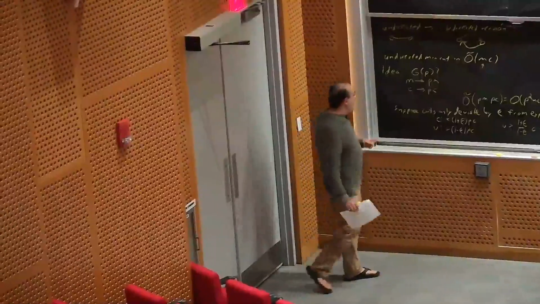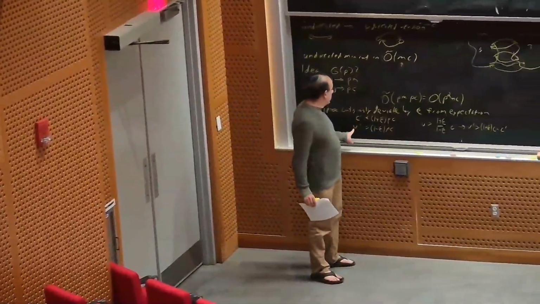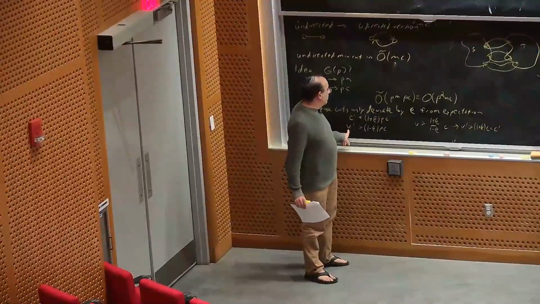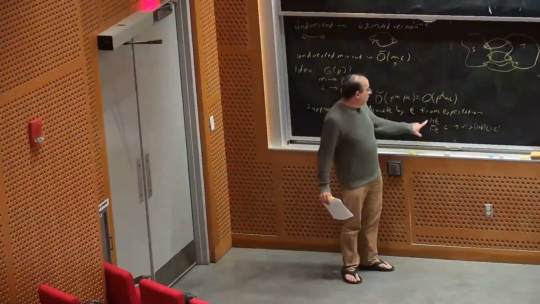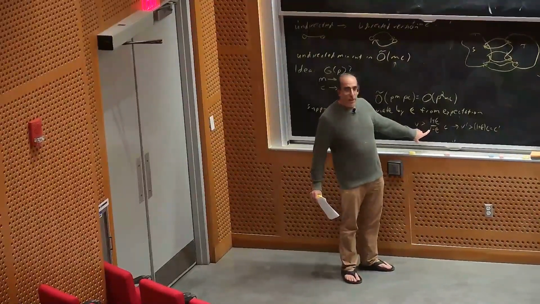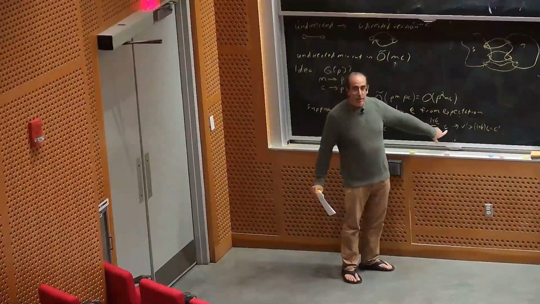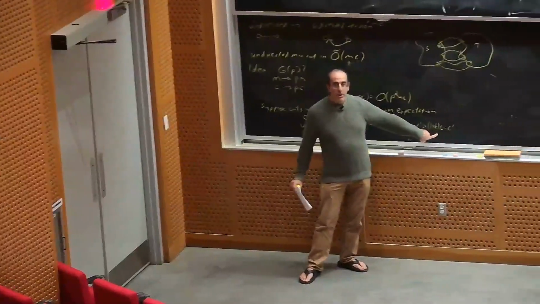So any cut that is bigger than 1 plus epsilon over 1 minus epsilon times the minimum cut is not going to be the minimum cut in the sample.